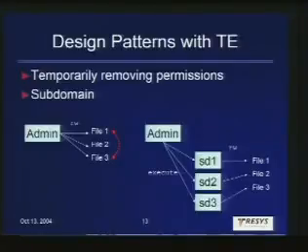So if the program in there tries to write anything into file 3, the mandatory policy stops it. If the administrator needs to write file 3, he can. He just has to run SD3, and then he can read and write file 3. So that's another really important pattern you can use to solve these problems.